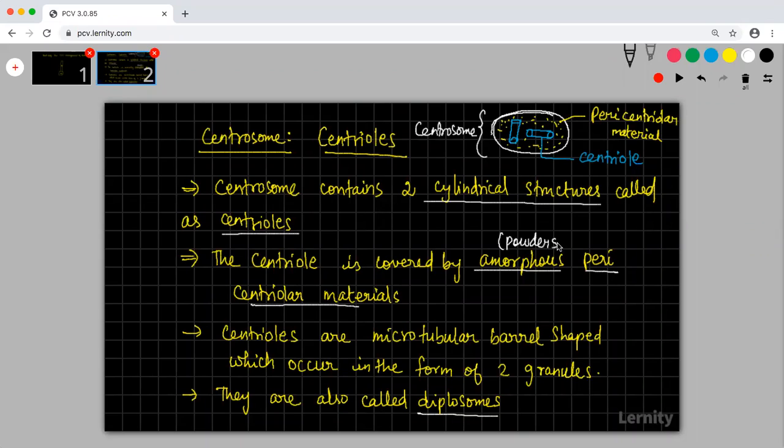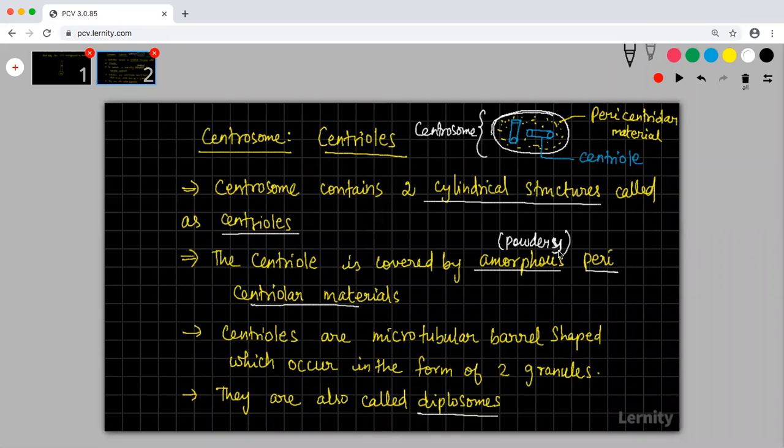There are two forms of structures: amorphous is one, and the other one is crystalline. Substances are of two types, powdery or crystalline.